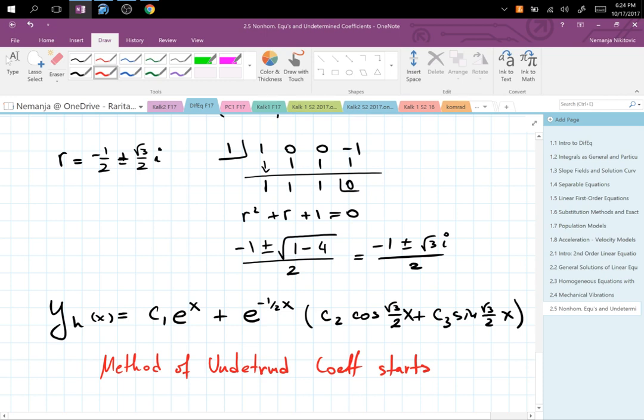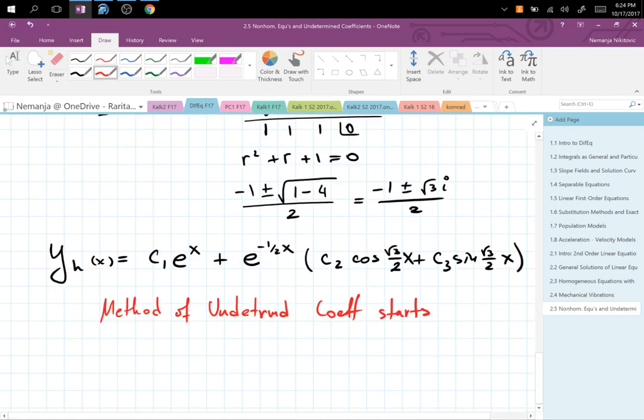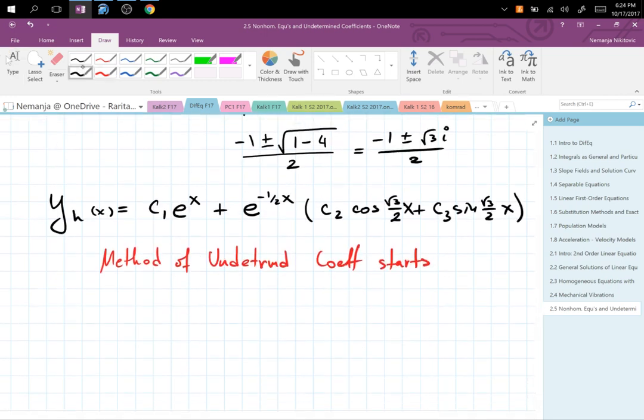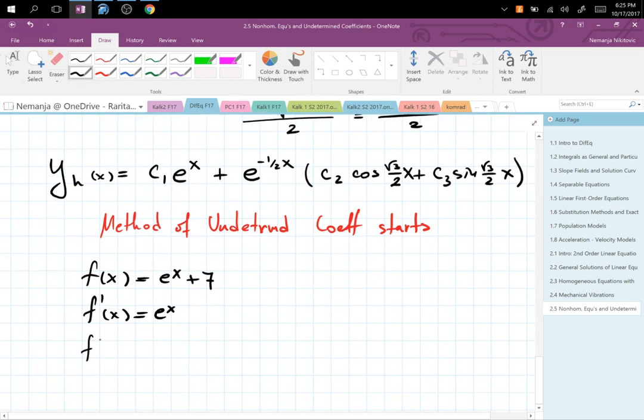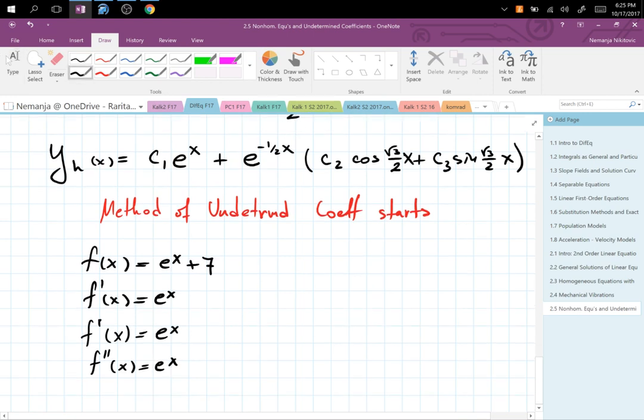So we start here. I extract f of x, which is e to the x plus 7. And I take infinitely many derivatives. Now, what it turns out is that infinitely many derivatives all settle on e to the x.